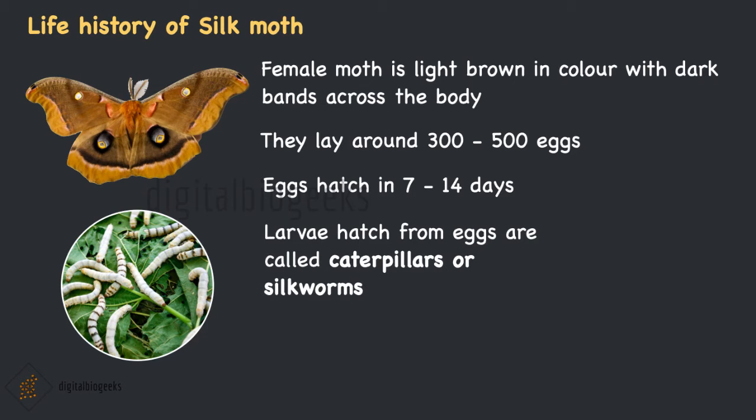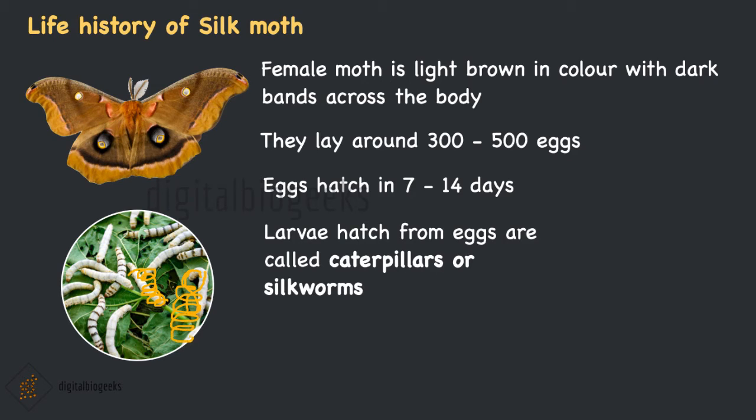They grow in size and enter the next stage of their life called pupa. The larva weaves a net to hold itself and then swings its head from side to side in the form of an 8. During these movements, the caterpillar secretes a fiber-like substance.